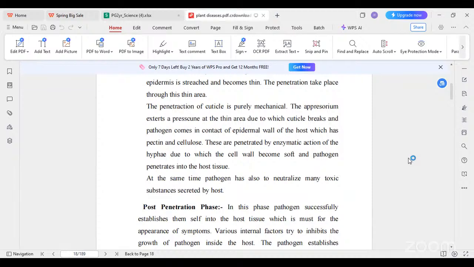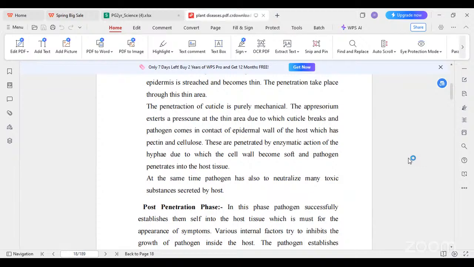The penetration of cuticle is purely mechanical. The appressorium exerts a pressure at the thin area, due to which the cuticle breaks and the pathogen comes in contact with the epidermal wall of the host, which has pectin and cellulose.